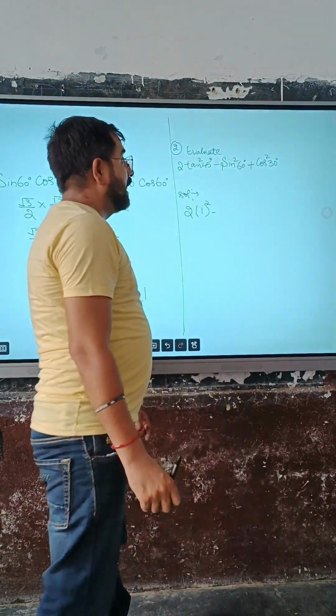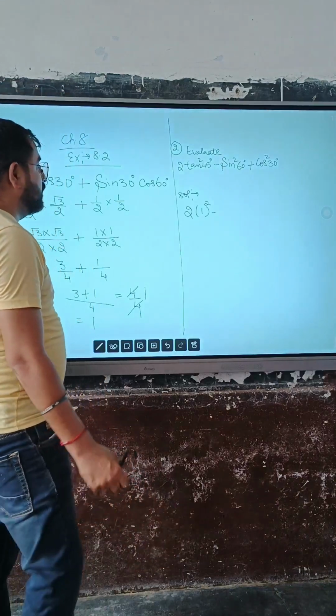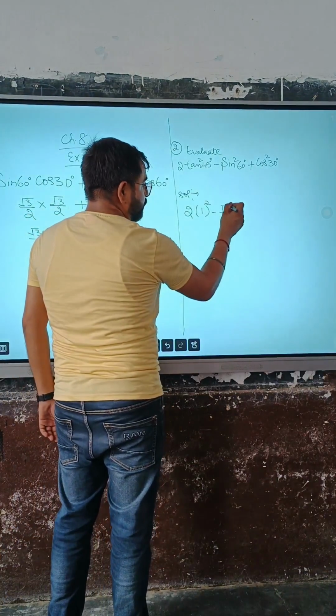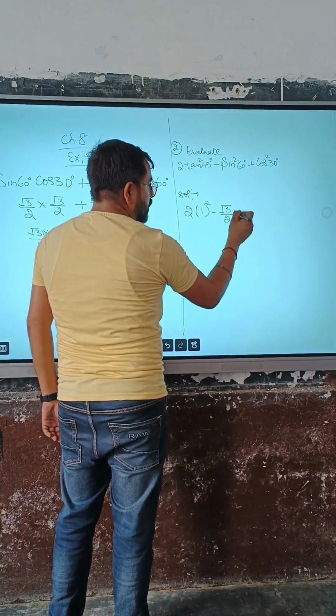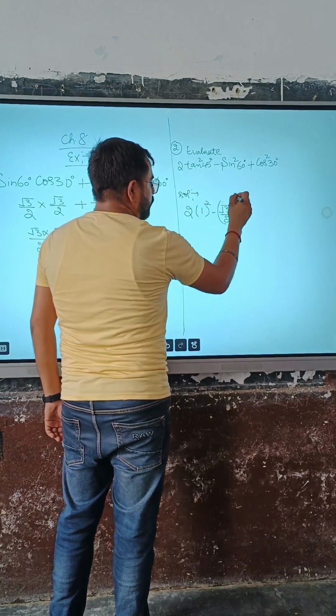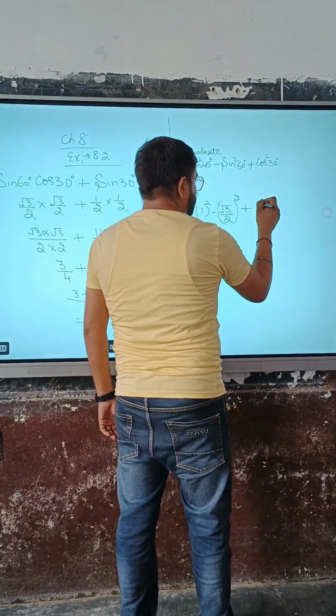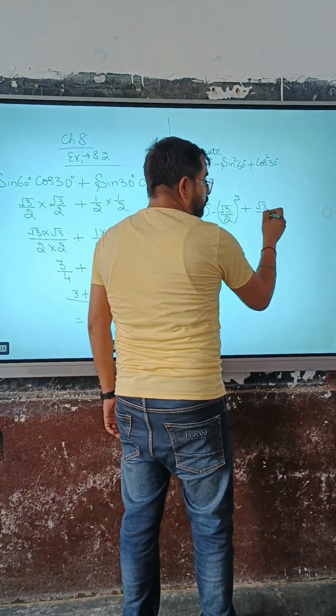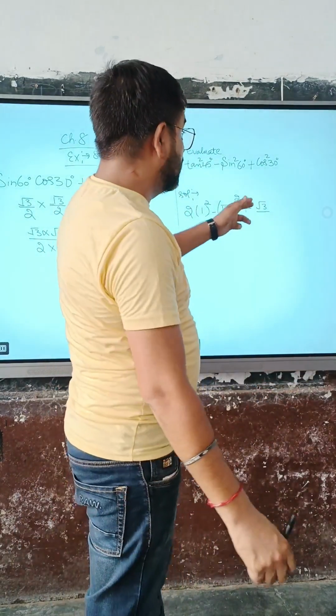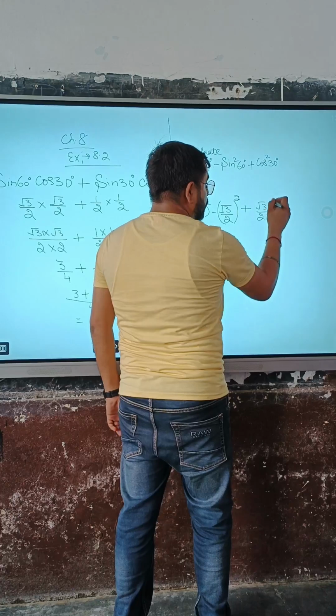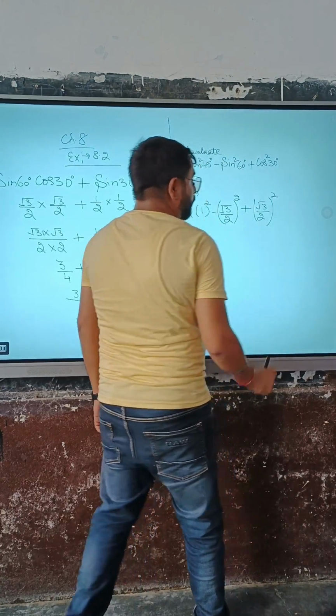And sine 60 degree is root 3 by 2, and here there is a square, so we have to square that value. And cos 30 degree is root 3 by 2, and we have to put a square.